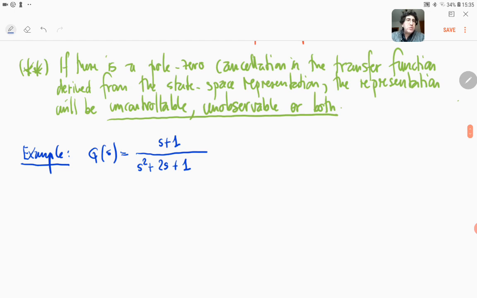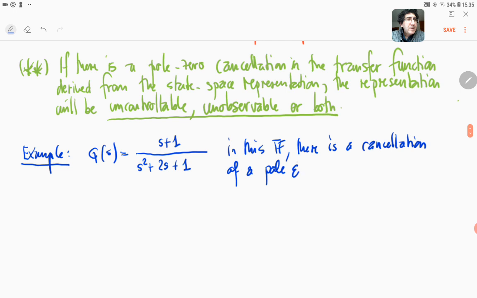If we wanted to cancel that pole and zero, the system would be reduced to a first order system. So in this transfer function, there is a cancellation of a pole and a zero. But still we want to treat this system as a second order system, and we want to obtain a second order state space representation.